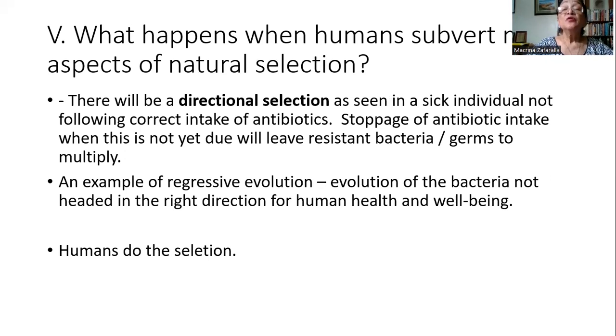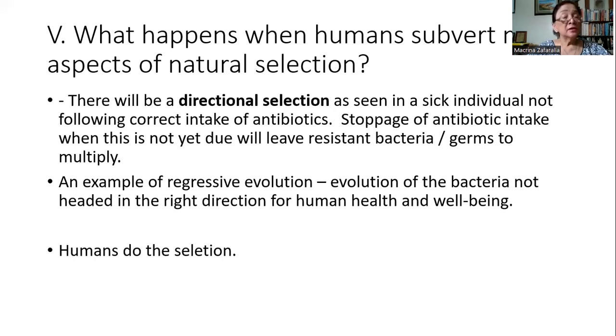Now, what happens when humans subvert many aspects of natural selection? Well, one possible thing to happen is there will be directional selection, as seen in the sick individual with TB who chose to stop taking antibiotics before completion of the instruction of the doctor.